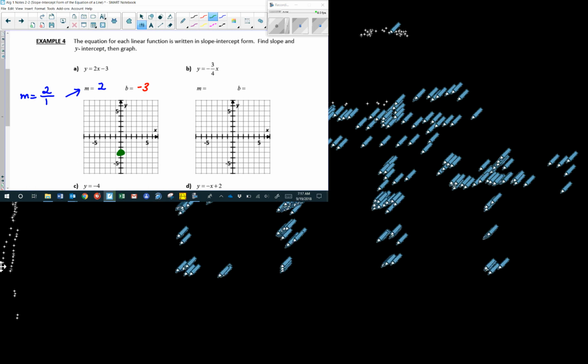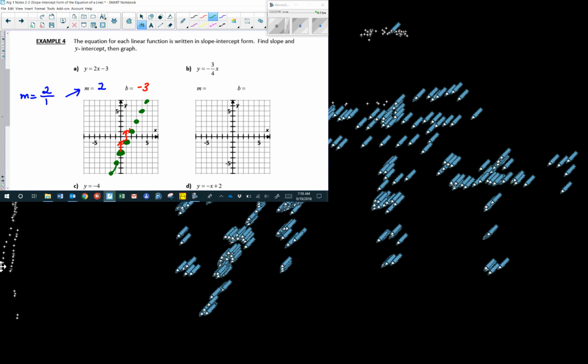The slope is 2, so I will rise 2, go up 2, and go right 1, both positive numbers, plot another point, then go up 2 and right 1, plot another point, and continue doing that same thing until the grid is filled. We can also go in the opposite direction, down 2 and left 1, down 2 and left 1.